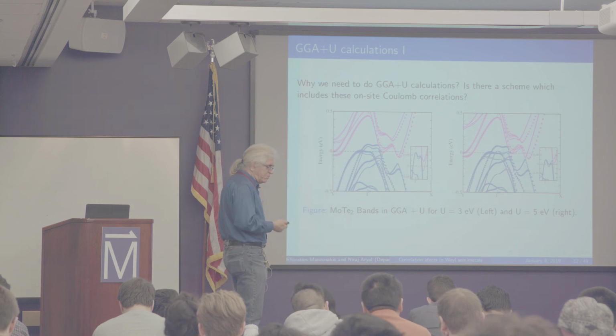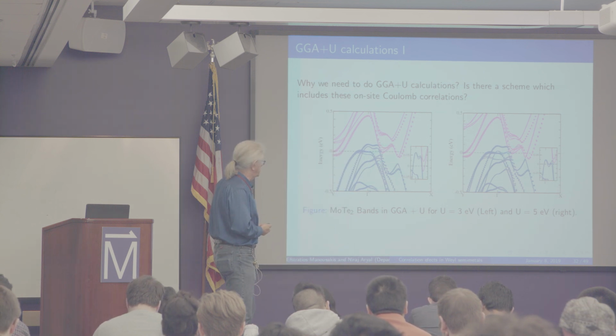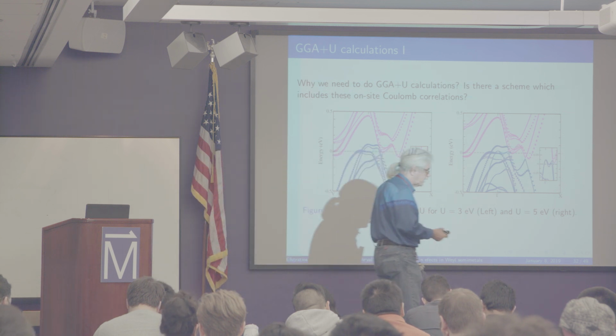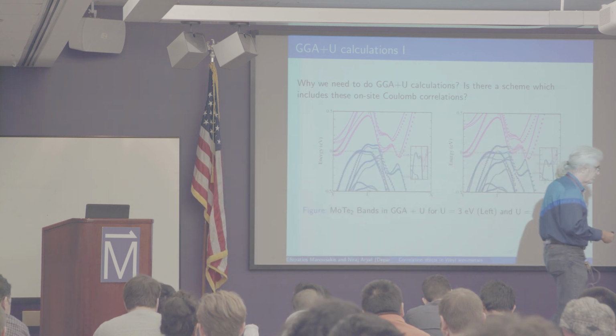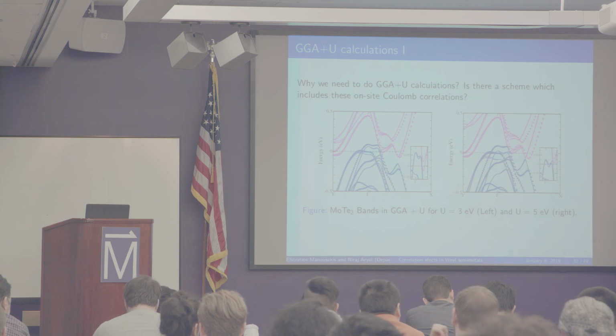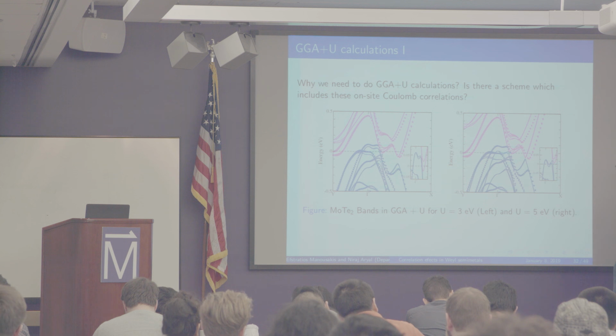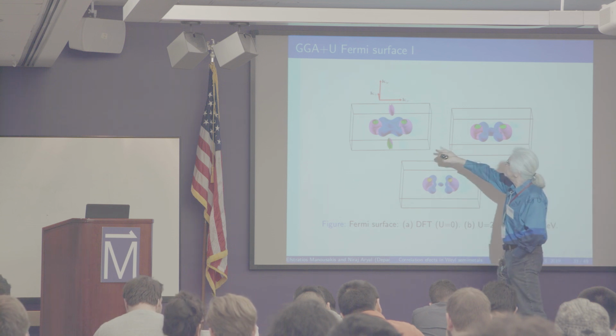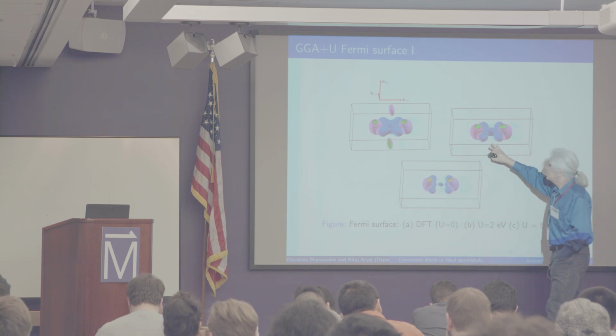And you can see the number of Weyl points, because you have plenty of them, you have 12 or something. As you crank up U, they go down, then you get 8, then you get 4, then you get 8 as a function of U. So they go away in pairs, and the Fermi surface is changing with the value of U. This is 3.